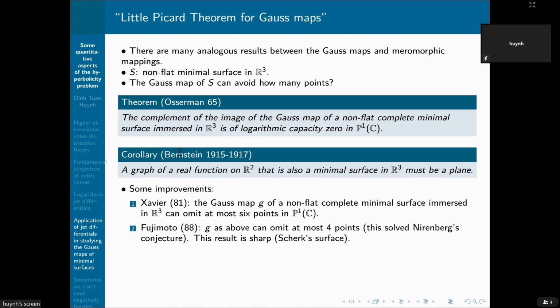The result of Osserman was later improved by Xavier, who proves that the map G can omit at most 6 points, and finally Fujimoto gives the optimal result that G cannot miss more than 4 points, which was another conjecture, and this result is sharp by looking at examples of such surfaces.